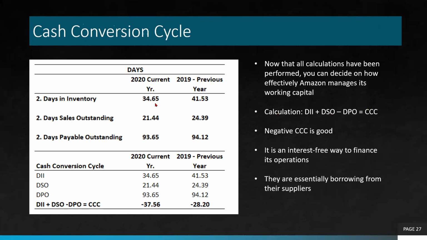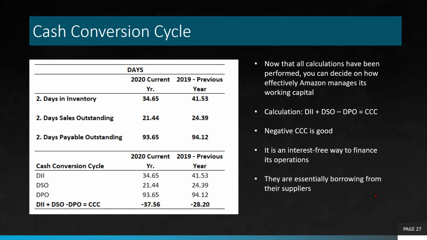I take the days in inventory from 2020 and from 2019, and I just plug them into this little spreadsheet here. I take days in inventory plus days sales outstanding, and I minus out days payable outstanding, and it comes out to a negative number for both years.